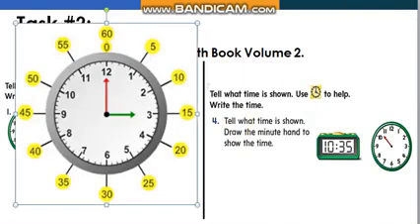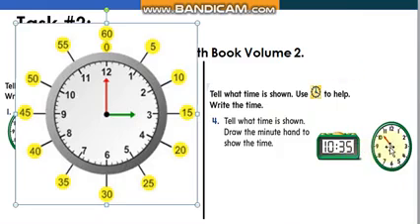And here, tell what time is showing, draw the minute hand to show the time. Can you read the time over here? Yes, 10:35. But the minute hand is not there, so we need to show where the minute hand goes. Luckily, I have the analog clock here to help me.